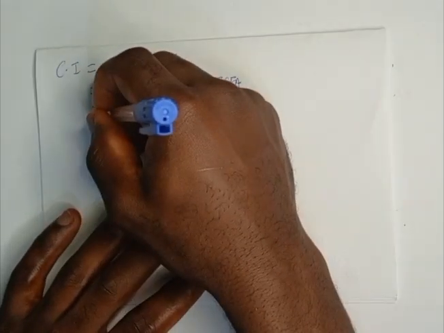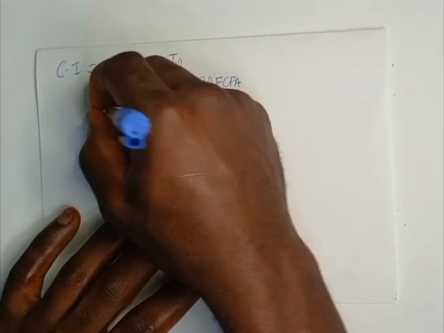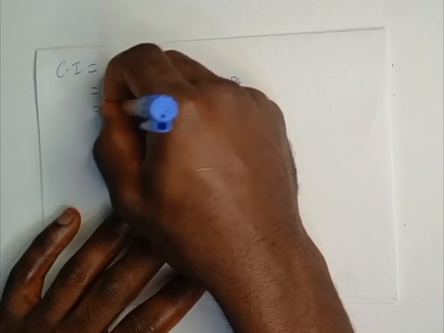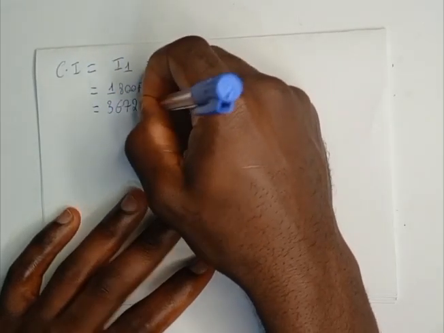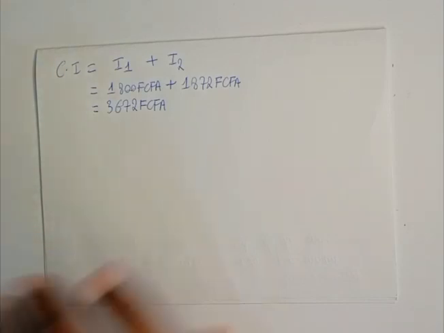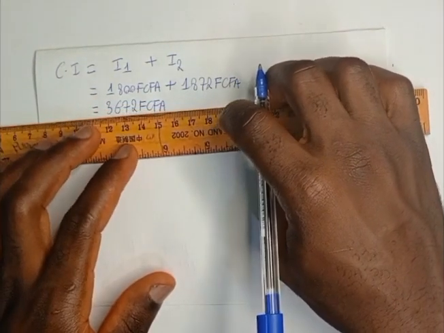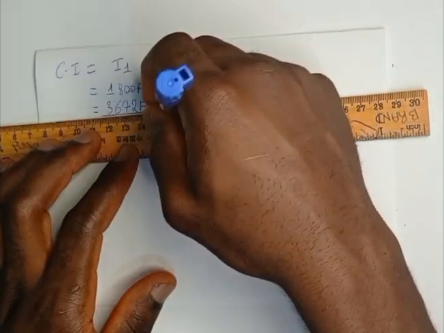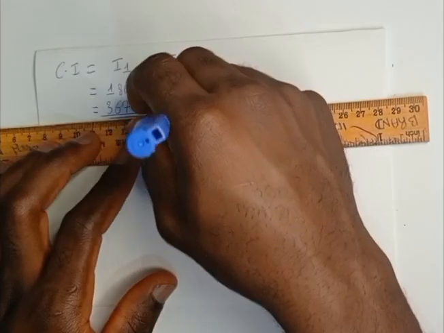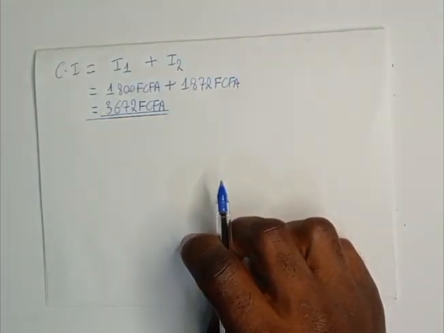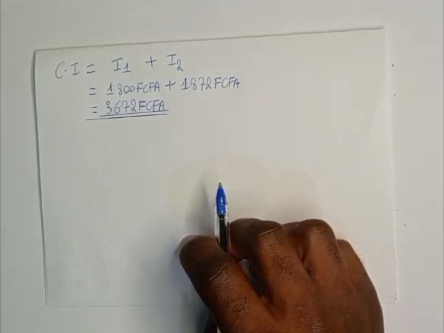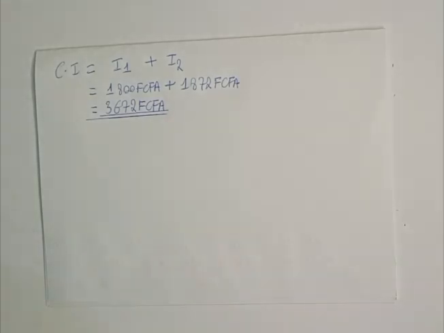This will give us an amount of 3,672 francs CFA. This is the compound interest made by an amount of 45,000 francs CFA for 2 years at a rate of 4% per annum.